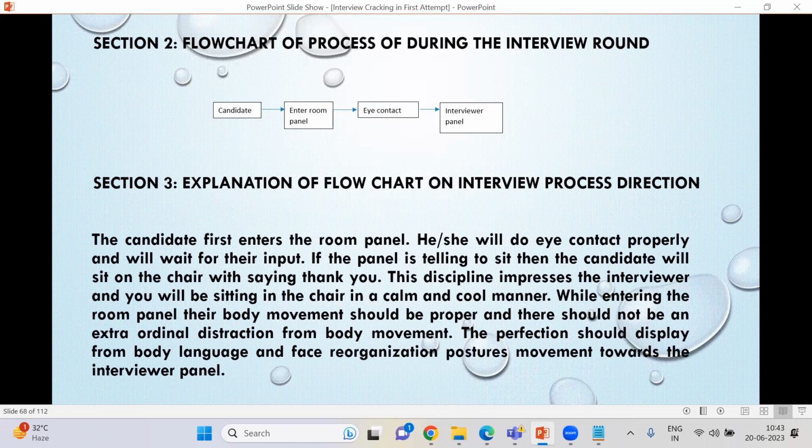The candidate should not be forced to look at anyone intentionally. So these are the precautions the candidate should be very careful about while attending the interview. We'll move to the next slide.